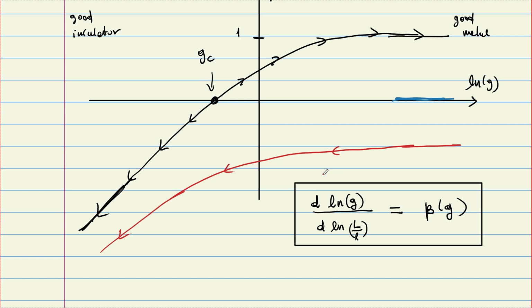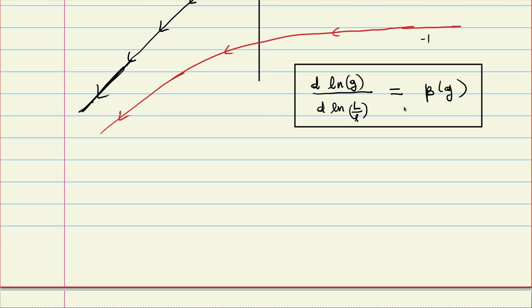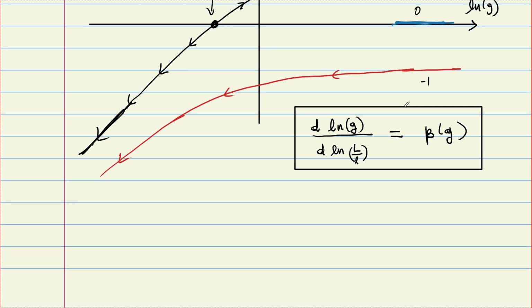But lastly, for blue, d minus 1 is 1, this is d minus 1 equals 0, this is d minus 1 equals minus 1. We don't know if we are going to follow the positive side or negative side, right? To this order, we cannot tell, and we have to look beyond this order.